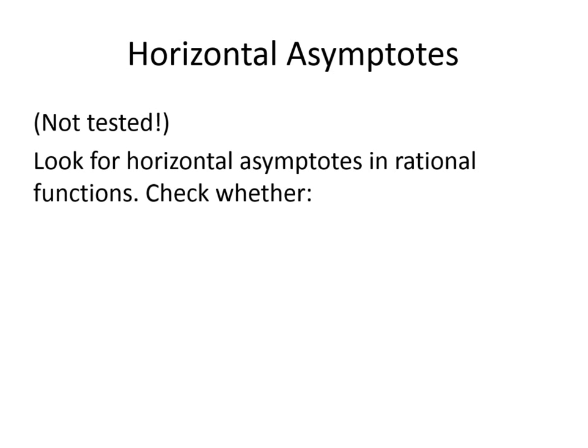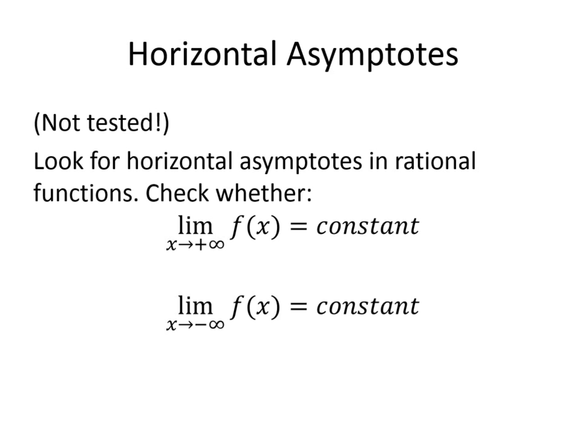So here's how you check for horizontal asymptotes. You're going to look in rational functions for whether or not there is a horizontal asymptote. There will be a horizontal asymptote if it approaches a constant as the value of x goes to positive infinity, and/or it goes to a constant as x approaches negative infinity.